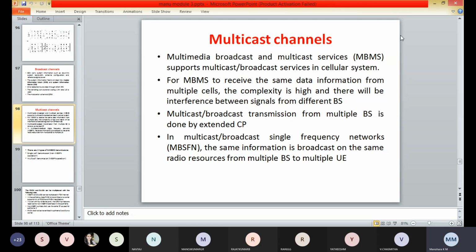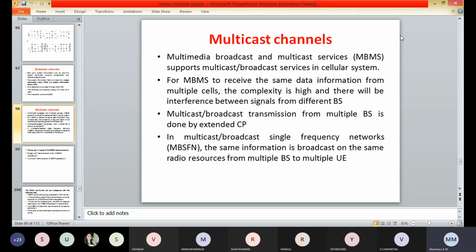The transmission can originate from a single base station or multiple base stations. But multi-cell transmission is preferred as large gains can be achieved through the soft combining of the transmissions from the multiple base stations.